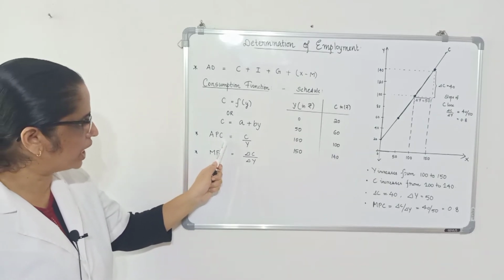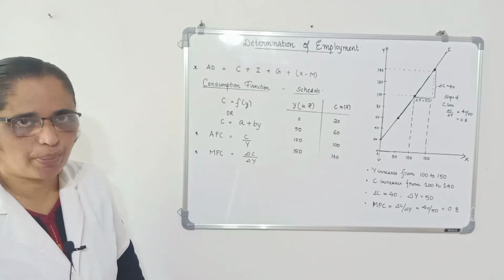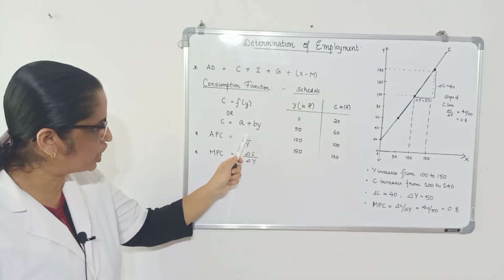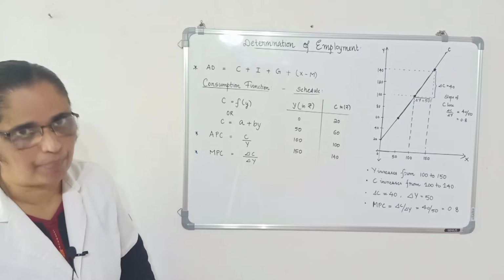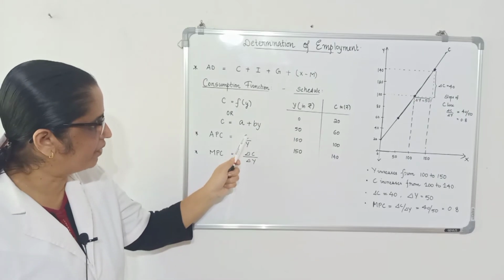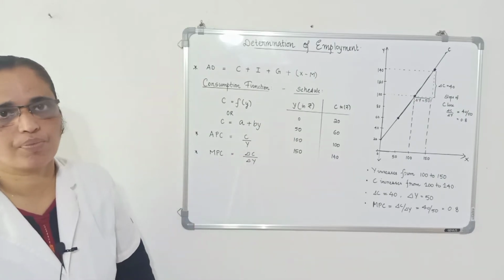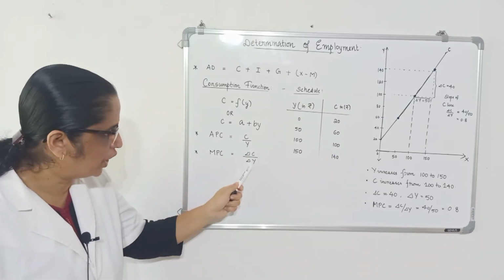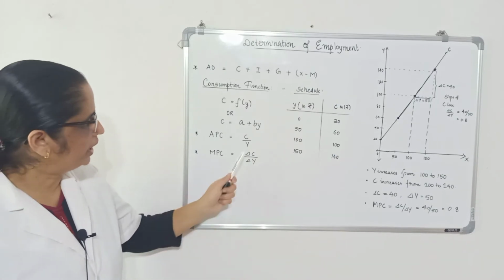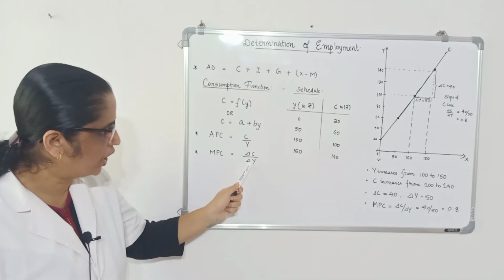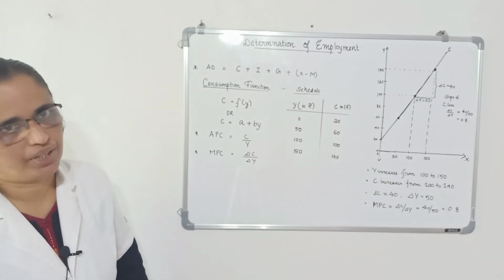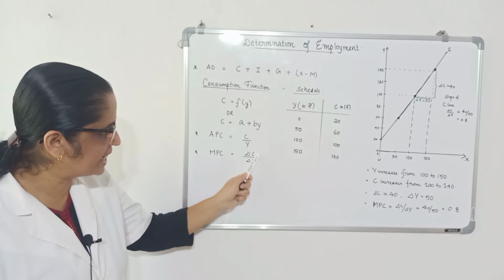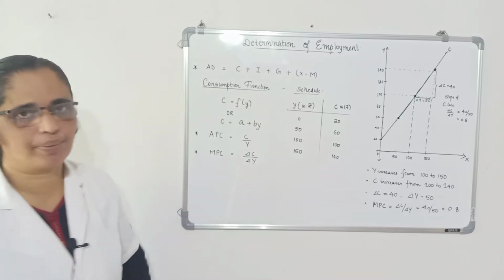Average propensity to consume means the ratio between total consumption and total income, that is C divided by Y. MPC means change in consumption due to change in income, that is, additional consumption due to additional income, denoted by delta C divided by delta Y.